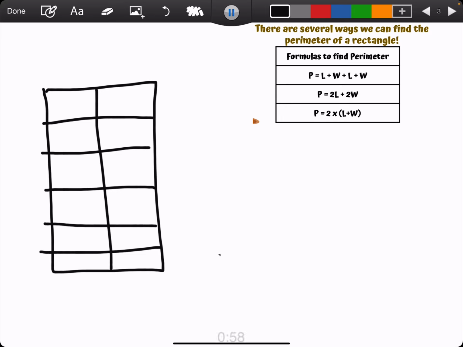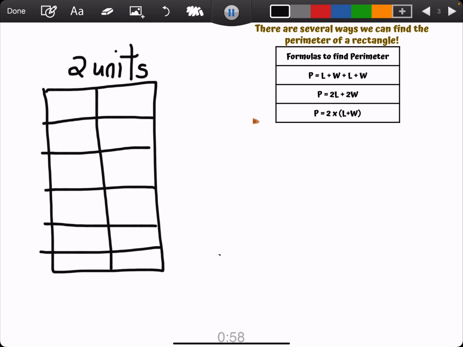The length is going to be 2 units long. We don't know the actual units, if it's inches, feet, miles, yards, or anything like that, so we're just going to put 2 units.